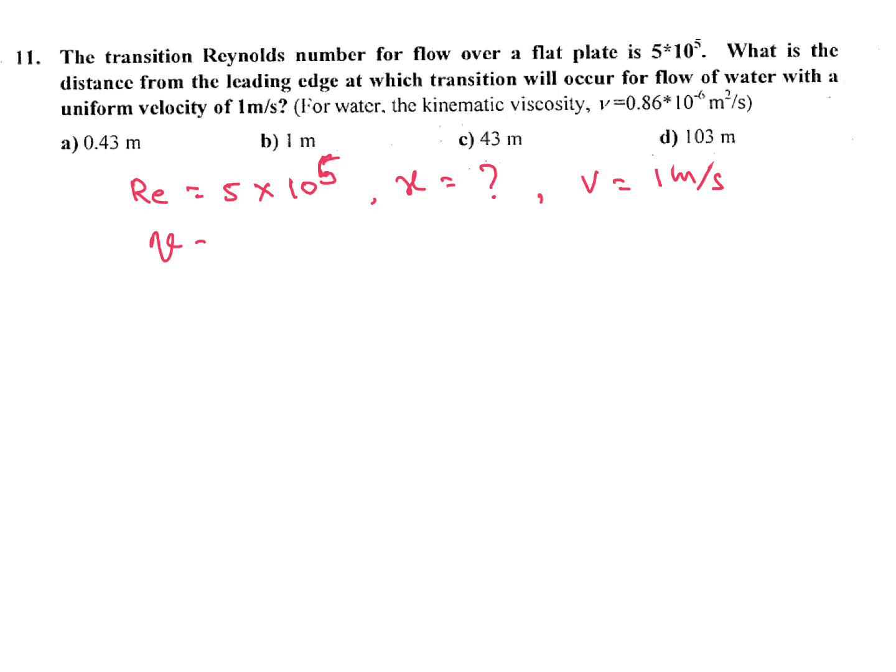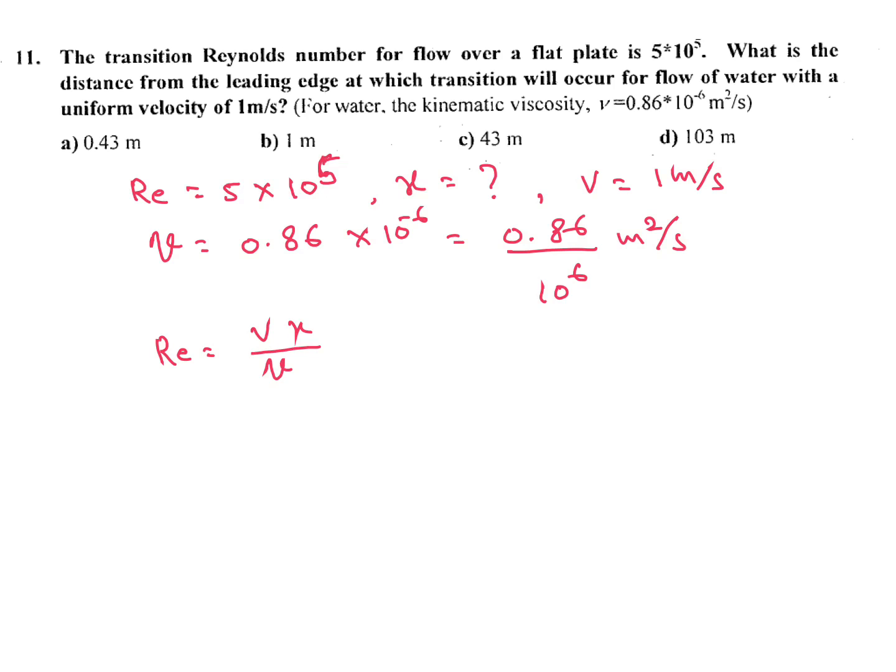Kinematic viscosity is 0.86 into 10 to the power minus 6, or 0.86 divided by 10 to the power 6 meter square per second. So we know R equal to V into X by kinematic viscosity.